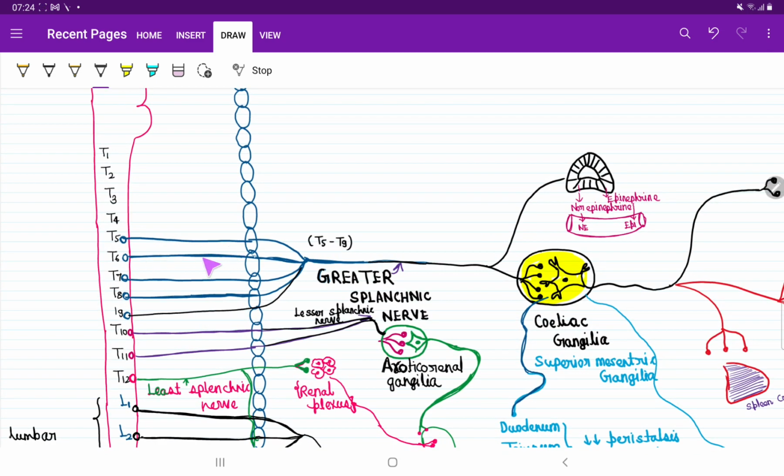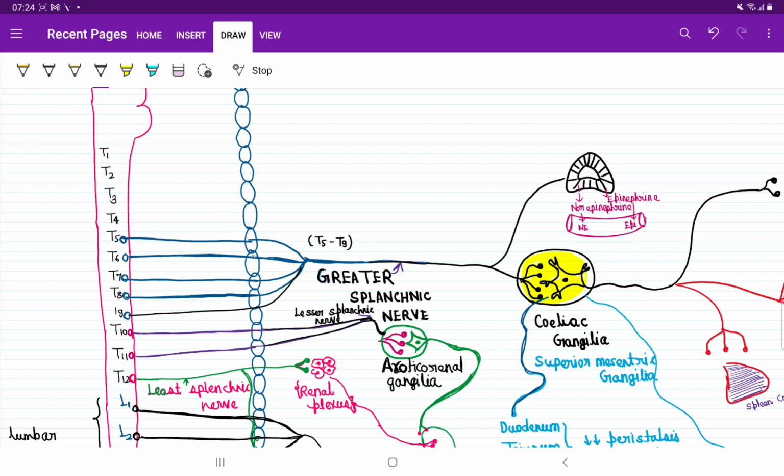T5, T6, T7, T8 and T9 will unite with each other and form the greater splanchnic nerve. They cross the sympathetic chain, and then outside of the sympathetic chain, on the lateral side, they form the greater splanchnic nerve.